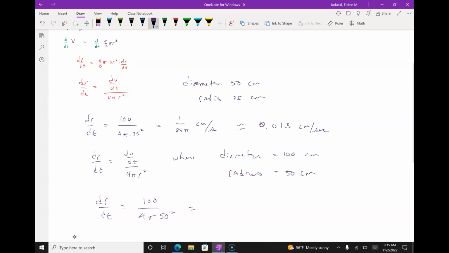Yes, inverse relationship, exactly. You're right, we know those variables are in an inverse relationship, so as one increases, the other decreases, right?